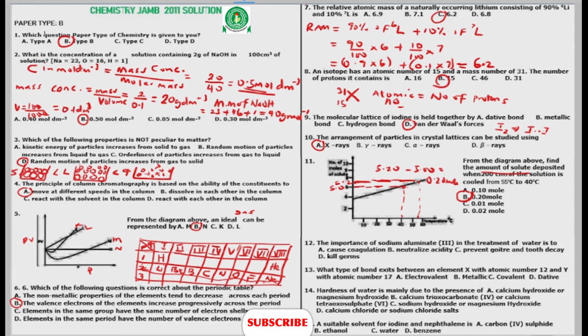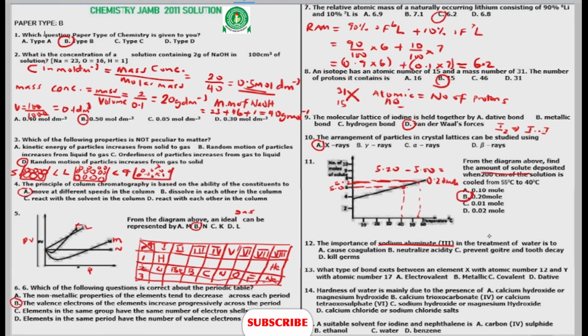So that's how we do that. We trace this one down up here and trace it back. That's how we get that 0.2 mole of substance will be dissolved when the temperature is lowered from 50 degrees Celsius to 40 degrees Celsius. Now, the importance of sodium aluminate in treatment of water is to cause coagulation.